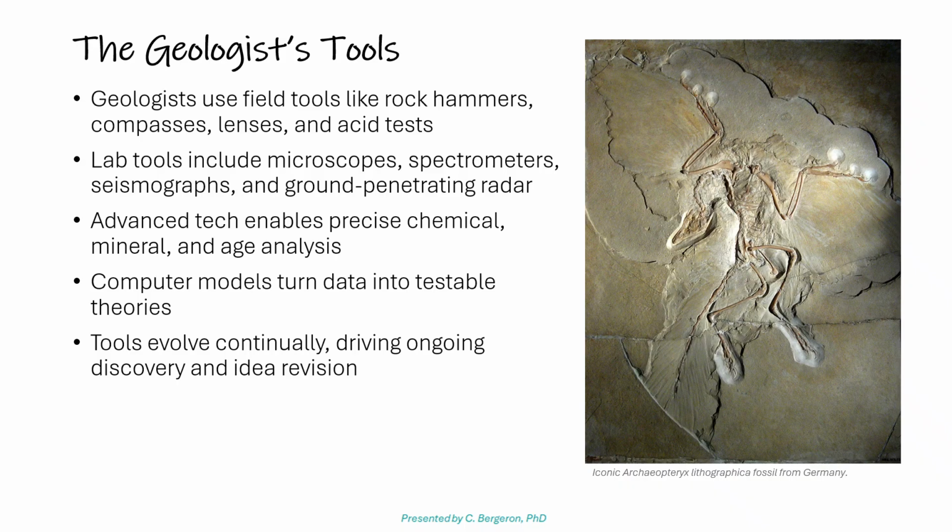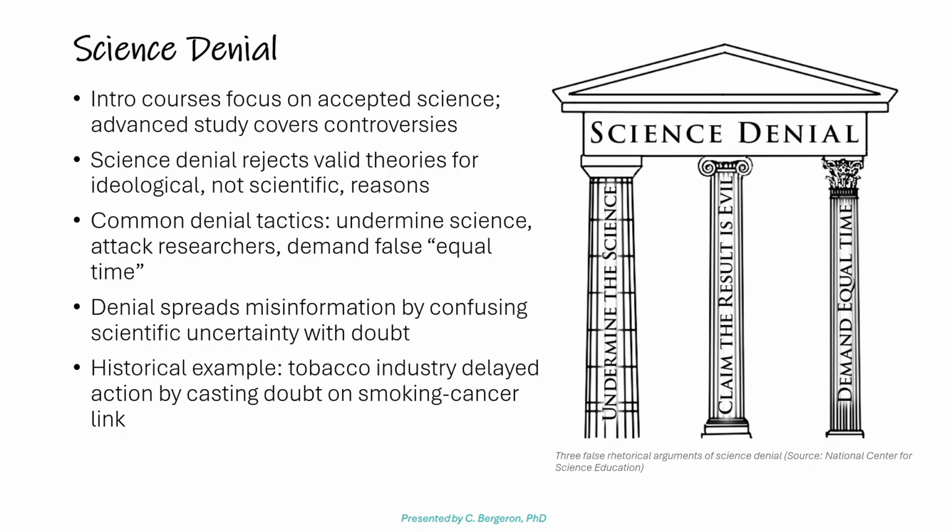I wouldn't typically address science denial unless it was brought up by a student in the class, but because it is in the textbook, I've made a slide for it. And basically, science denial is a real thing.